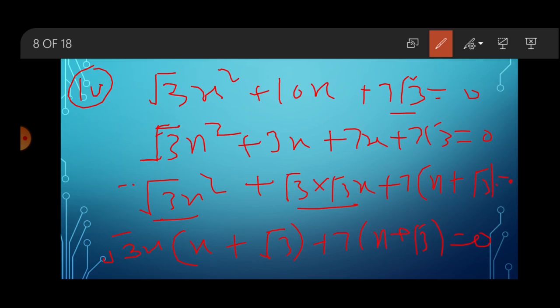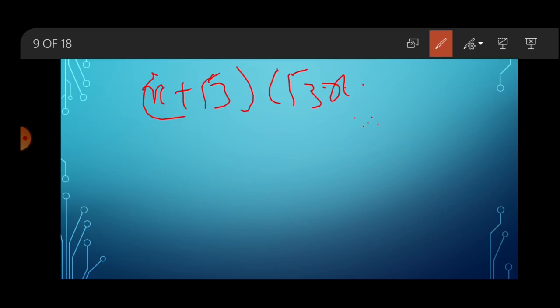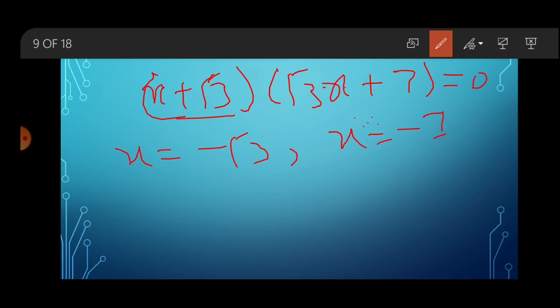Now x plus root 3 can be taken as common, so we have (root 3 x plus 7) is equal to 0. Again same funda, you have to equate both these parts to 0. So we get x is equal to minus root 3 and x is equal to minus 7 upon root 3. So these are the values of x for the given question.